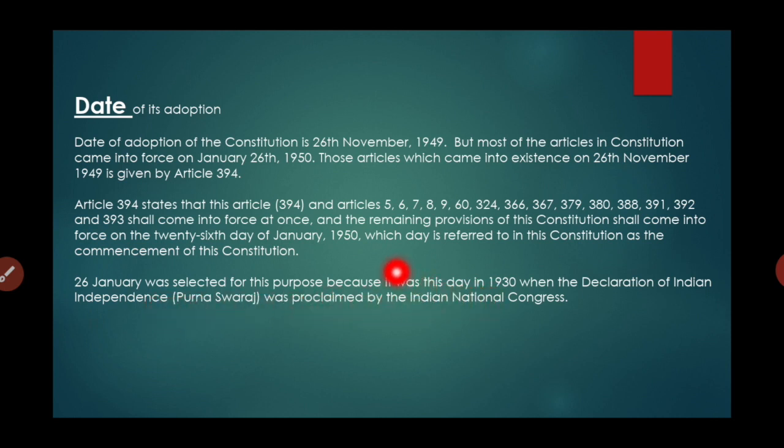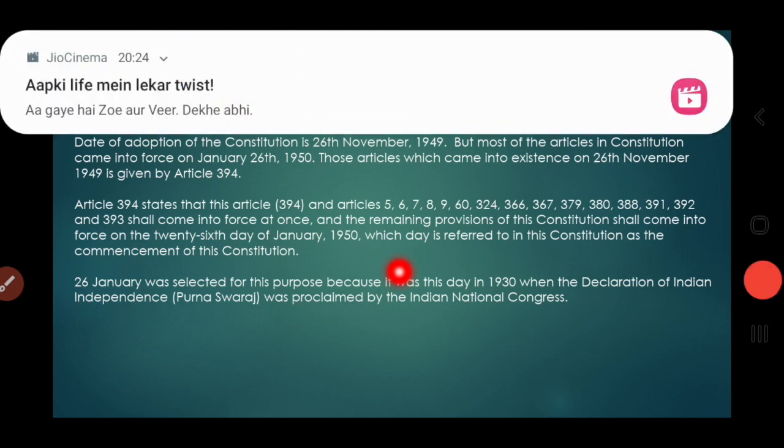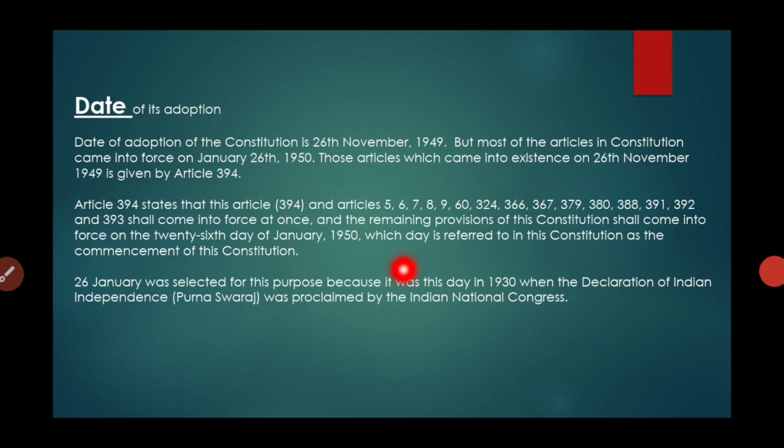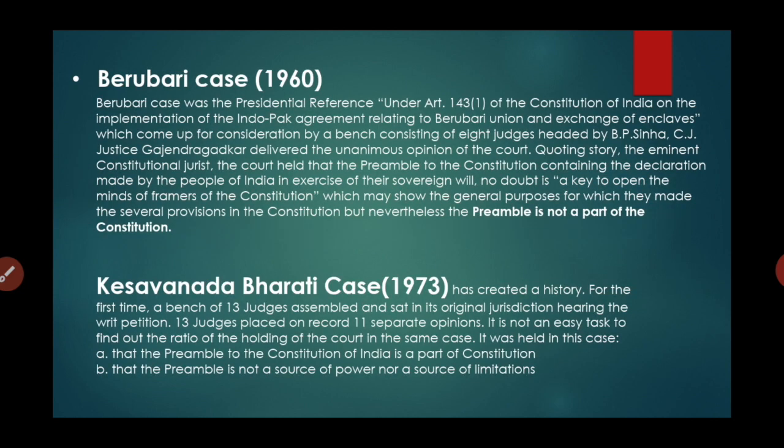On 26th January 1930 they asked for Purna Swaraj. Before this they were asking for independence, but under the umbrella of the British. Now they were asking for Purna Swaraj. That's why they intensely wanted this date to be selected, when Purna Swaraj should be given to Indians. This was the sole purpose of this.